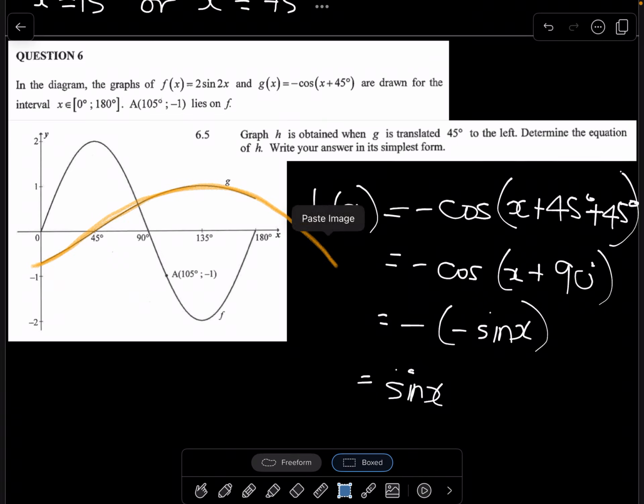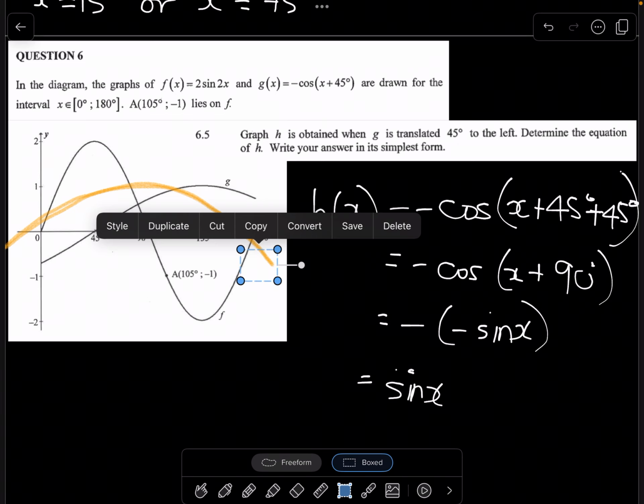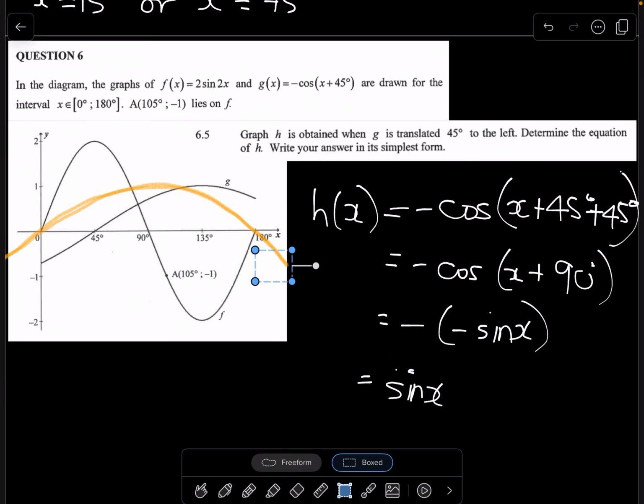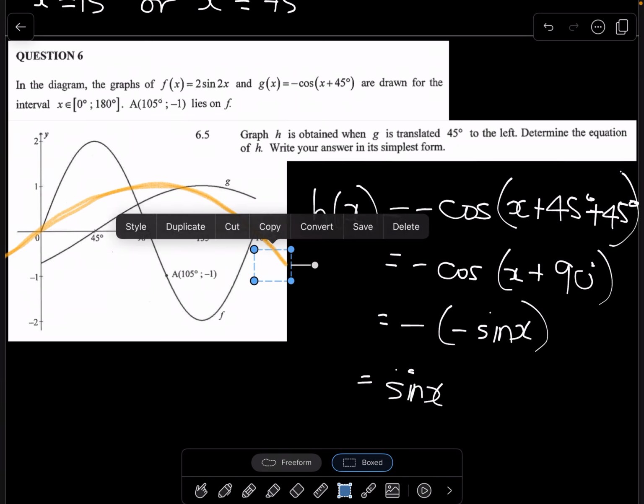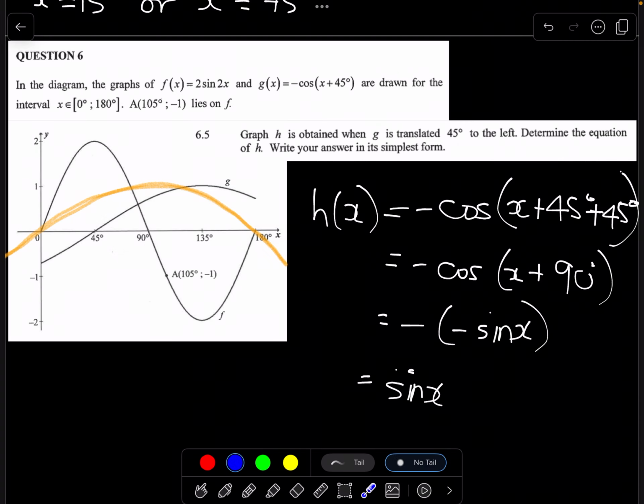Okay, and you move it another 45 degrees to the left, so then that little hump goes to 90. Oh, such a bad redraw. But yeah, it ends up looking like that, right? Where you have your hump at 90, it's crossing the x-axis at 0 and then crossing it again at 180. It looks like the beginning of your y is equal to sine x graph.